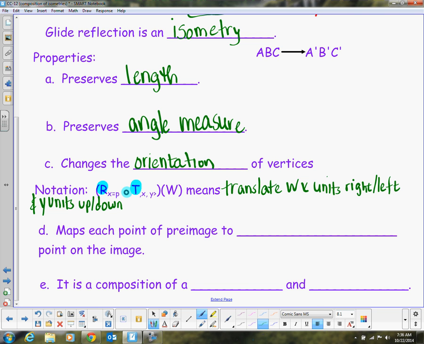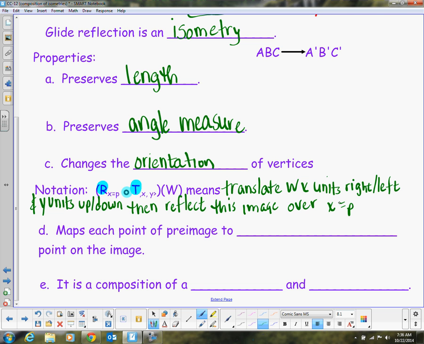That's the T part. Then reflect this image that you've just translated over, what do we have? X equals P. So it means you do the translation, then you take that image and then you flip it.